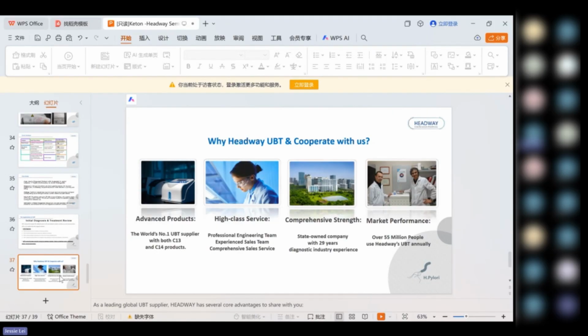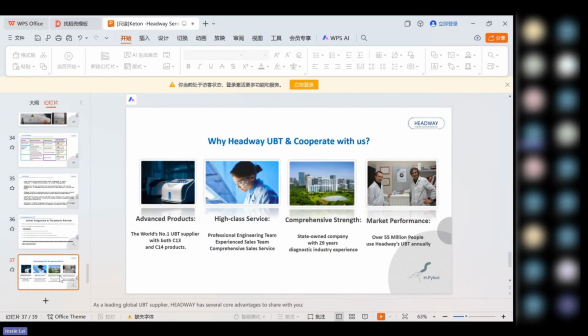So Headway, as a leading global UBT supplier, can provide several advantages to share with you. We are the world number one urea breath test supplier with both carbon 13 and carbon 14 products. Our technology is advanced, and our quality can be assured and trusted.